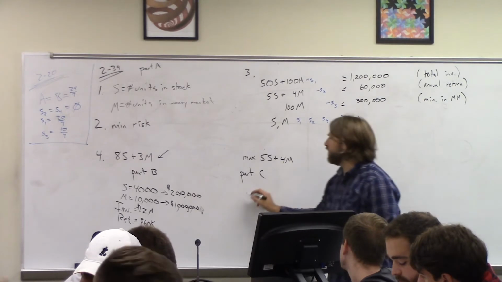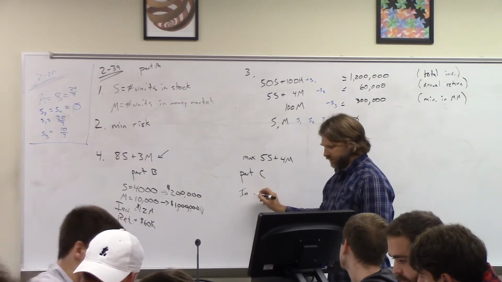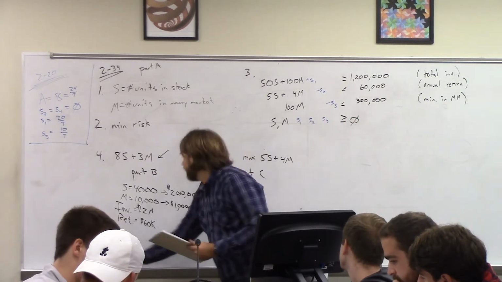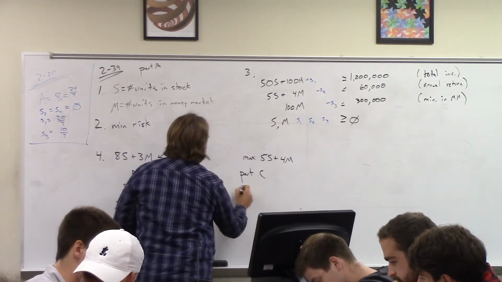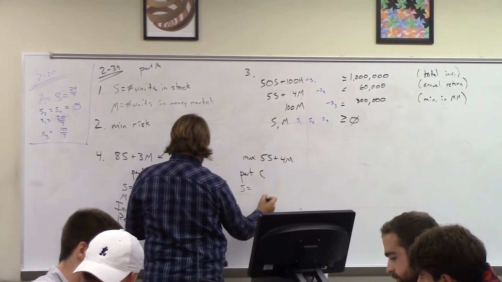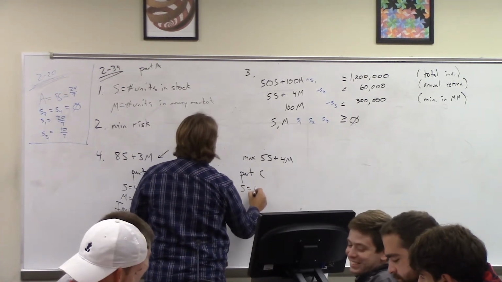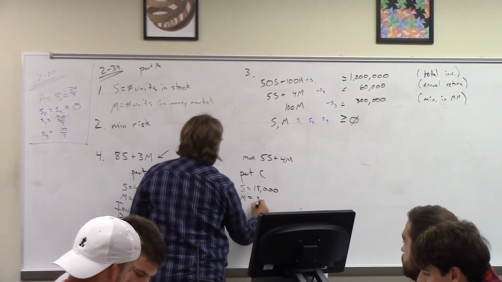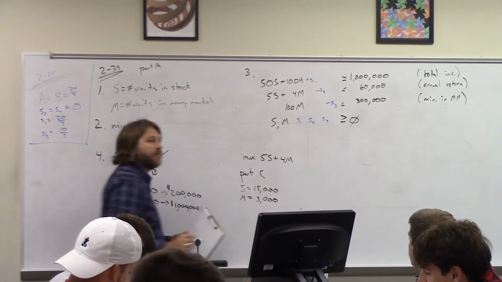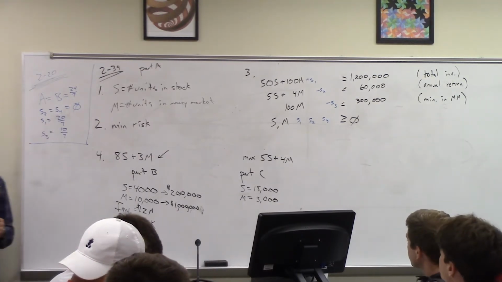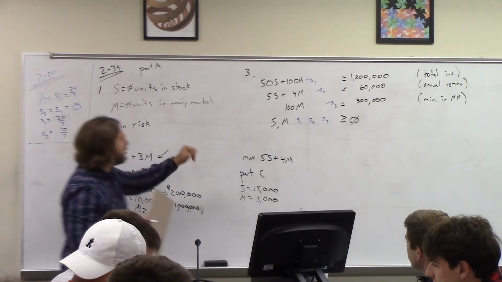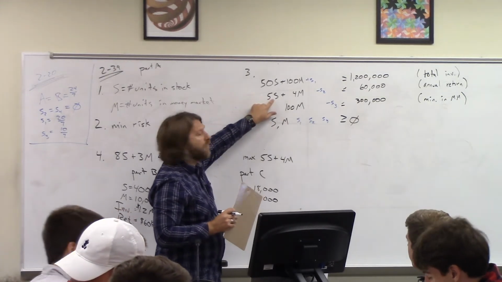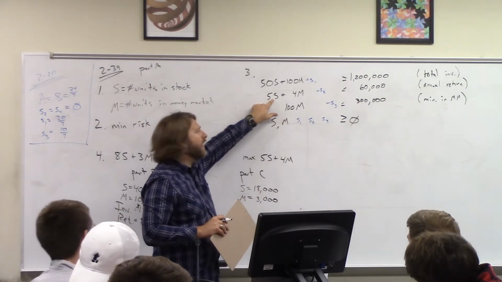So again, you're going to invest. Let me do it in the same order here. Now you're going to buy 18,000 units of stock and only 3,000 units of your money market. Which should make sense if you think about it, right? Because we're going to make a lot more off of every stock unit that we buy than the money market.